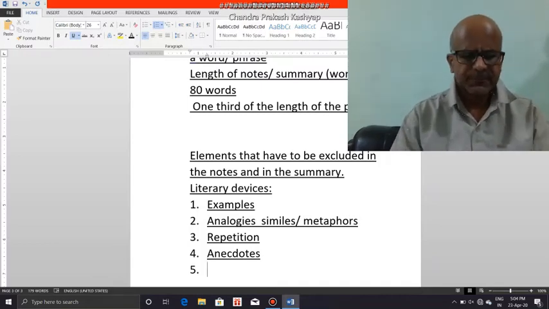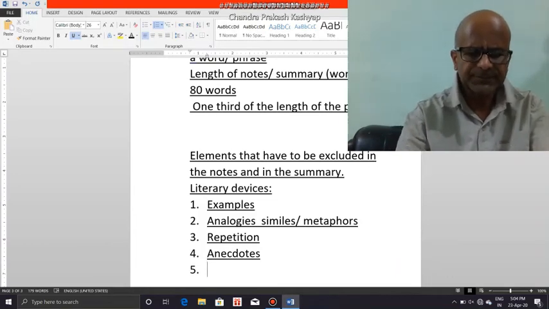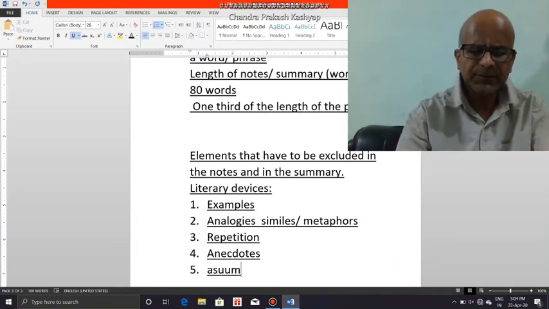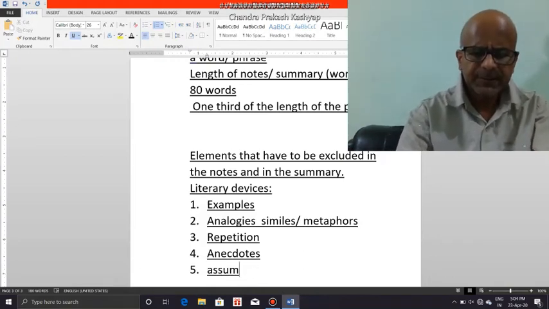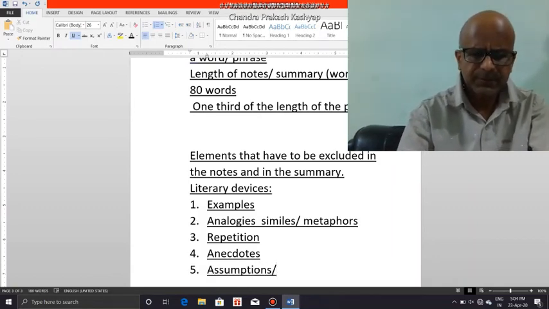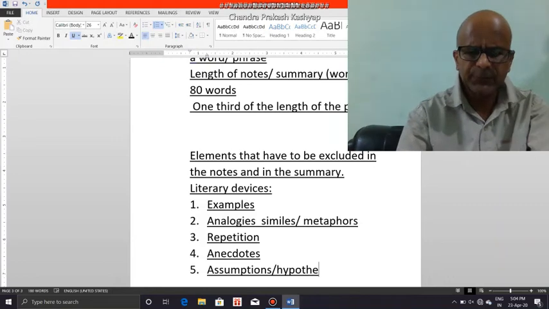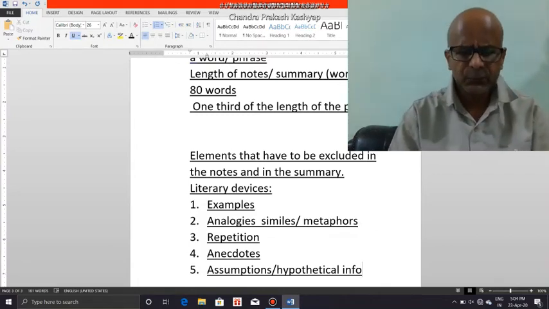He may give his own ideas. He may assume things. He may, in this manner, try to forward hypothetical information. Again, has to be excluded.